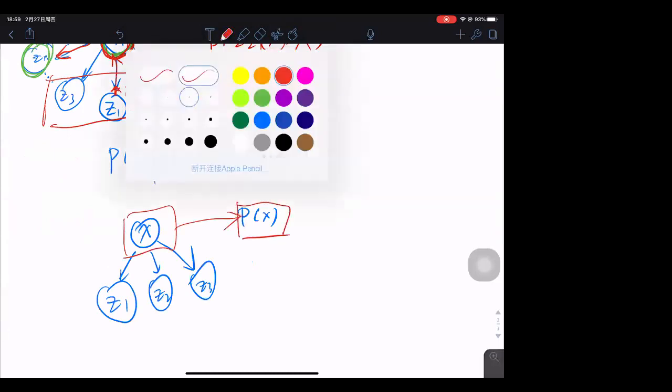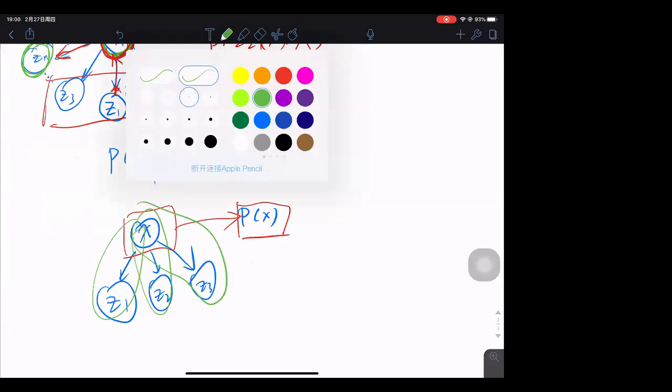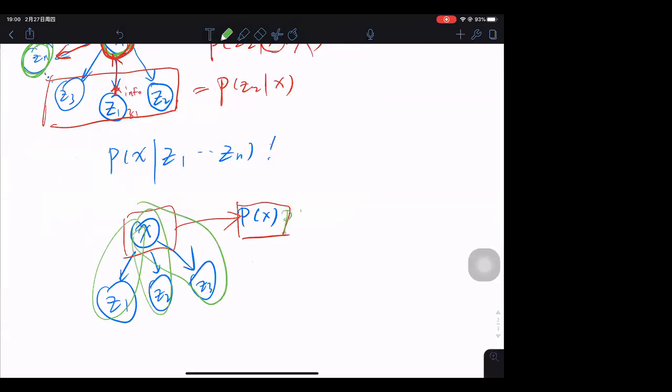And then you take out every pair of this joint distribution. The first pair is just the P of X, Z1. The second pair is the P of X, Z2. The third one is the P of X and Z3. And we know this joint distribution is proportional to this diagnostic reasoning.